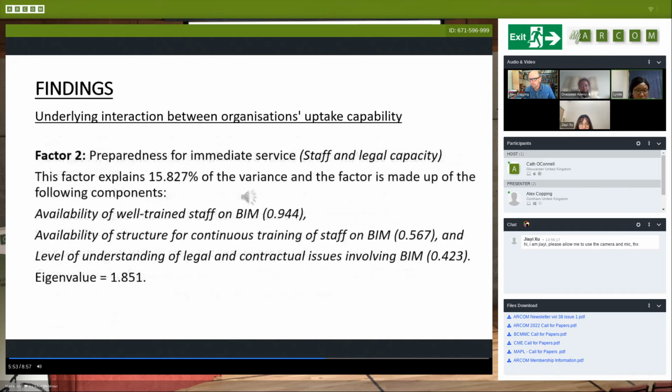The second factor extracted was named preparedness for immediate service, and this factor is made up of 3 components, one of which is availability of well-trained staff on BIM. The factor talks about staff and legal capacity, which is an indicator of the organization's readiness to operate immediately on a BIM level 2 platform.